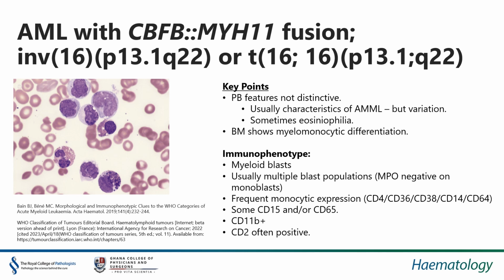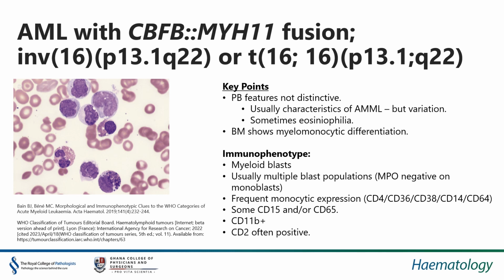Quite commonly you'll see a second, more mature monocytic, more CD45 bright population that expresses monocytic antigens such as CD14, CD64 or maybe lysozyme, in addition to myeloid markers as well, but they will lack CD34 expression. You can sometimes find CD15 expression or CD65. Commonly they're CD11b positive, and they can have aberrant expression of CD2.